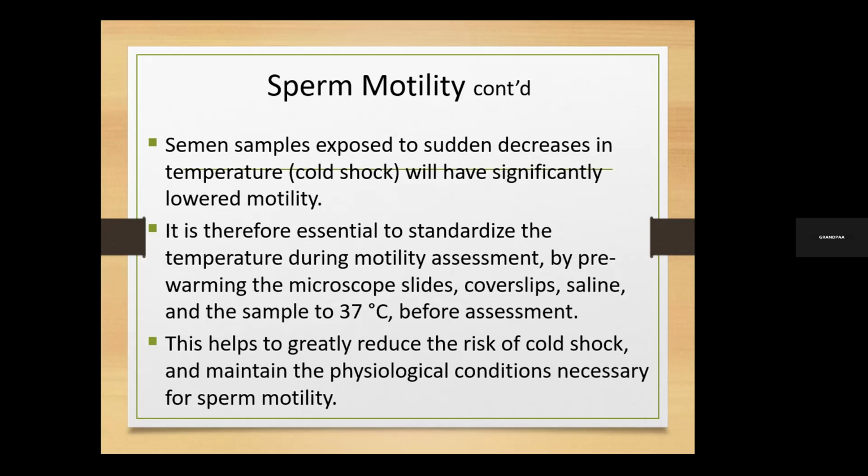What do you do to avert that kind of variation in temperature? Once the sample has been removed from the body at 37 degrees, how do you maintain it at 37, or at best, keep it in an allowable temperature range? How do you do that?